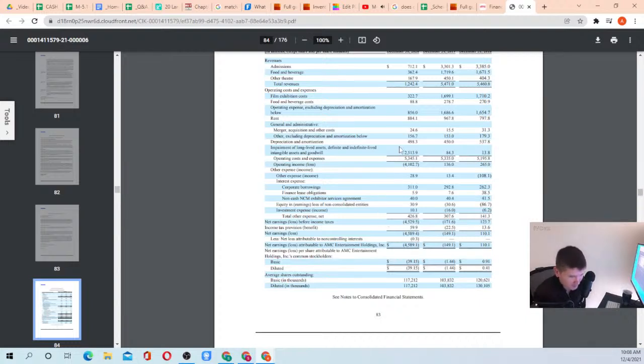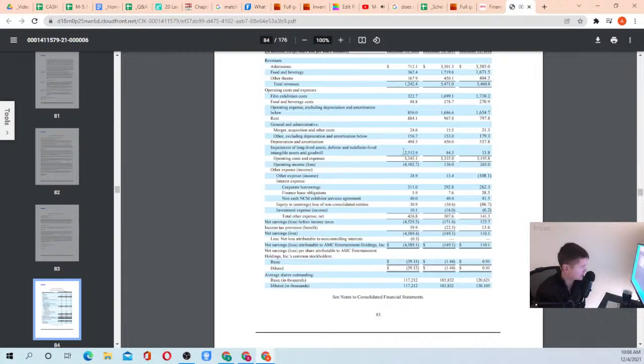But you might also note that on that side, they have 2.5 billion of impairment of long-lived assets, definite and indefinite-lived intangible assets, and goodwill. So basically, a big chunk, more than half of that loss, is just impairment of whatever we spent our money on over the history of the company.